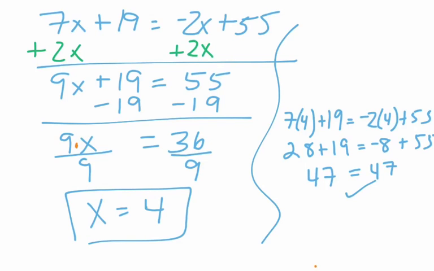So that's the definition. Now, we talked about this in an earlier lesson, where this, like, plus 2x, or minus 19, or divide by 9, generally, that's considered part of the thought process, or, like, the operations, like you're showing all the operations. But we don't have to show that. And in fact, a lot of higher level math classes, they don't want you to show it.